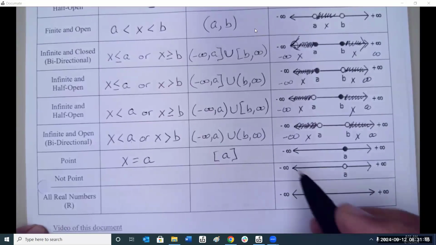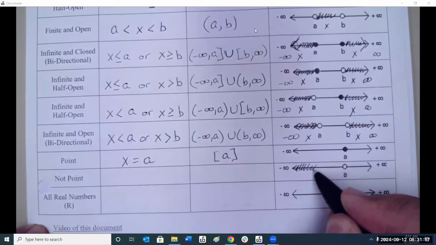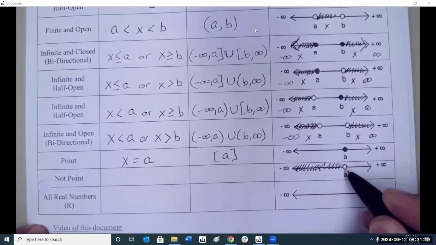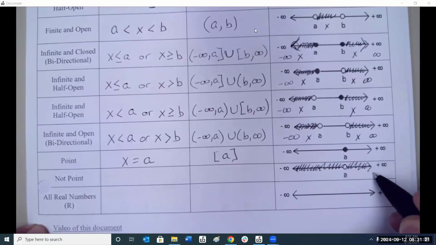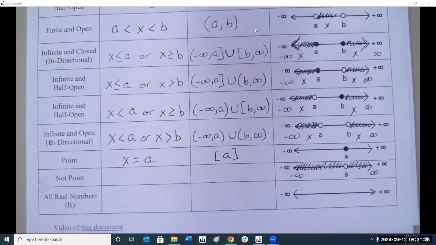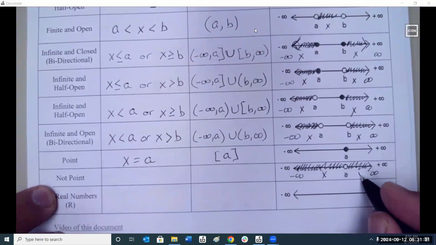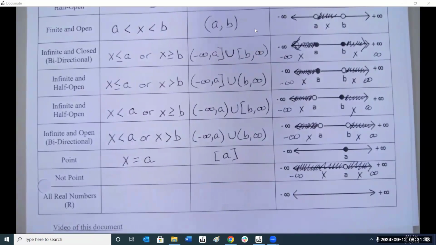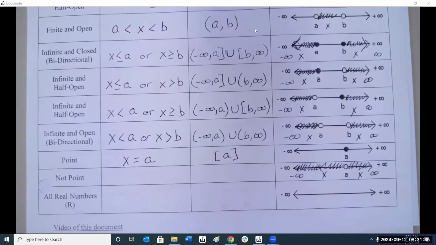The next one, what it says here is it could be anything on both sides of a, but not at a. So this is x and this is x. How would we write that?